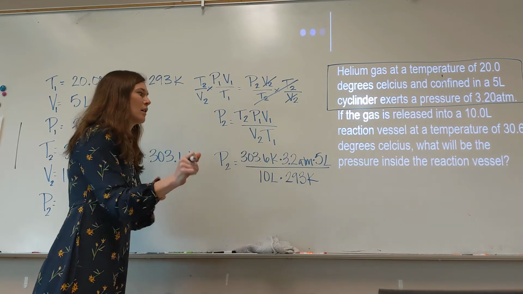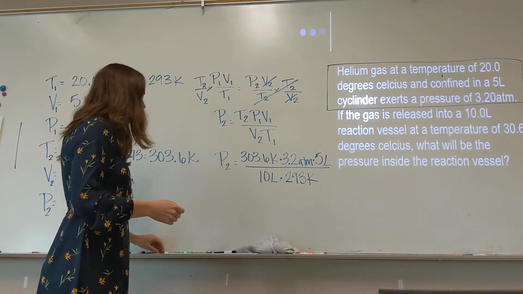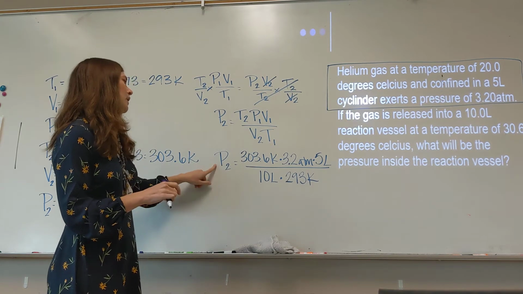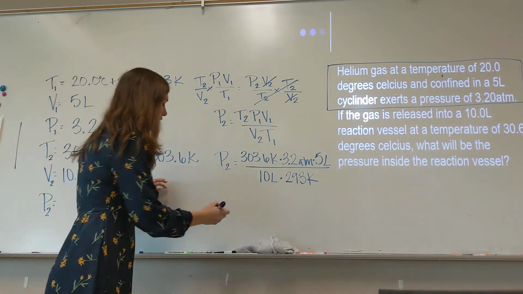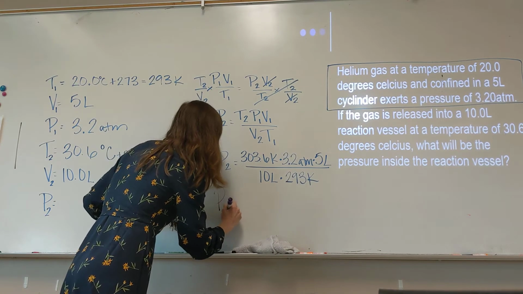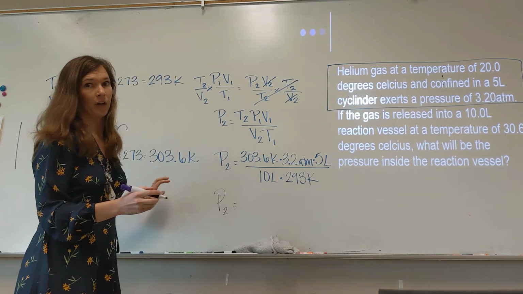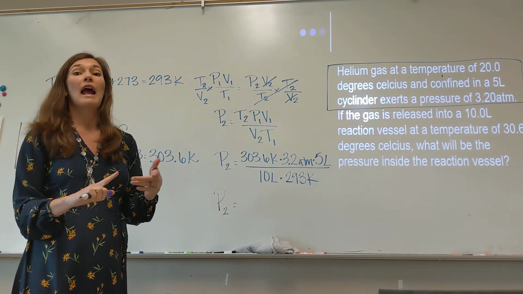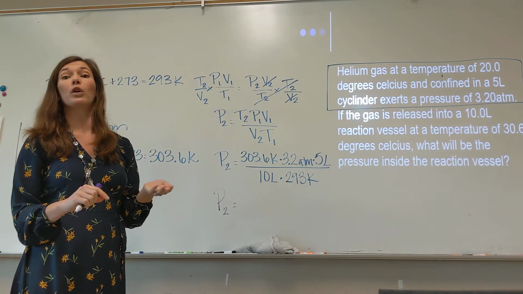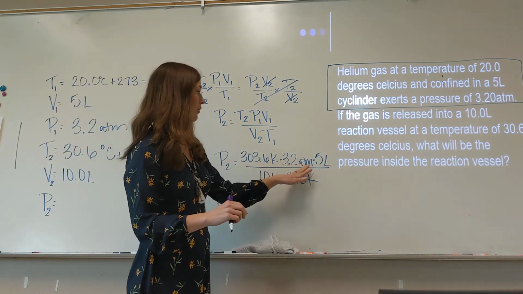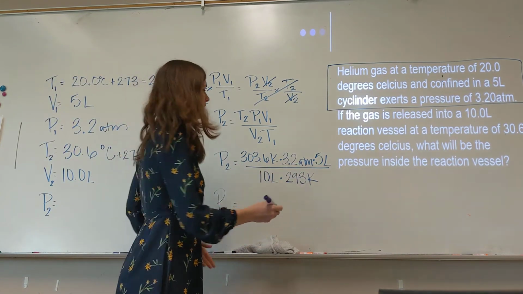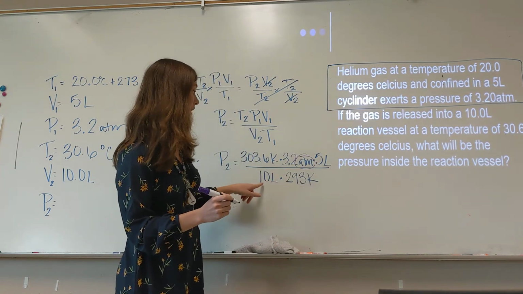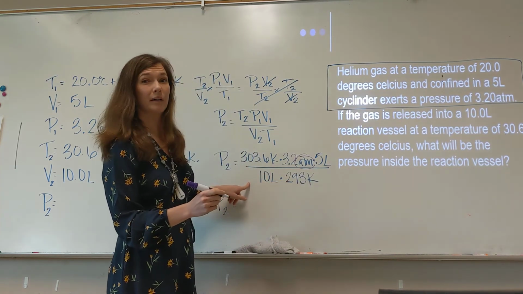Alright, and again, before we solve, we want to make sure everything cancels. I have a pressure here. We have a lot of units for pressure: kPa, millimeters of mercury, torr, atmospheres, so I need to end up with one of those units. As I look across, I have atmospheres. Atmospheres don't cancel with anything, meaning I don't have atmospheres anywhere on the bottom.